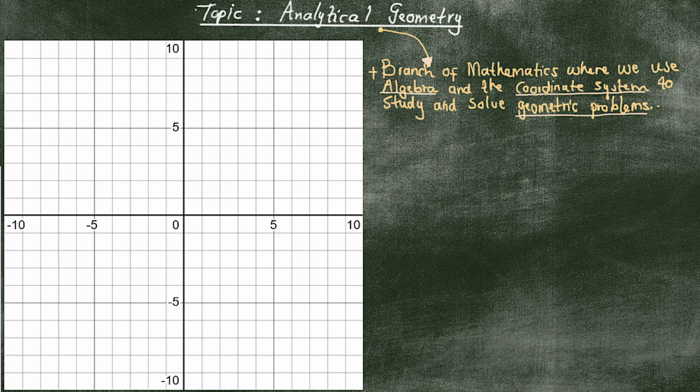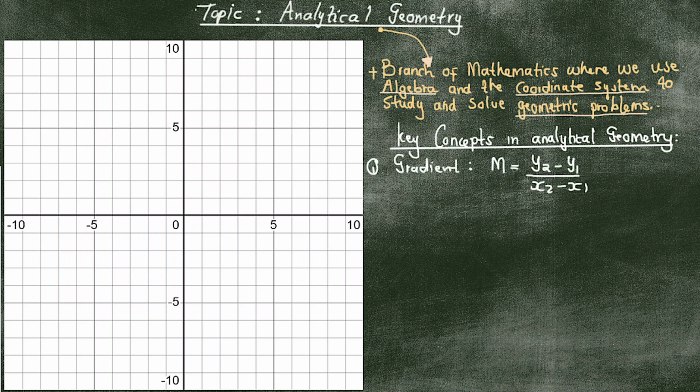Okay, so there are key concepts or ideas that are important when it comes to analytical geometry. Very key. These concepts include the gradient, you know, how to calculate the gradient or the slope of a given line, right?